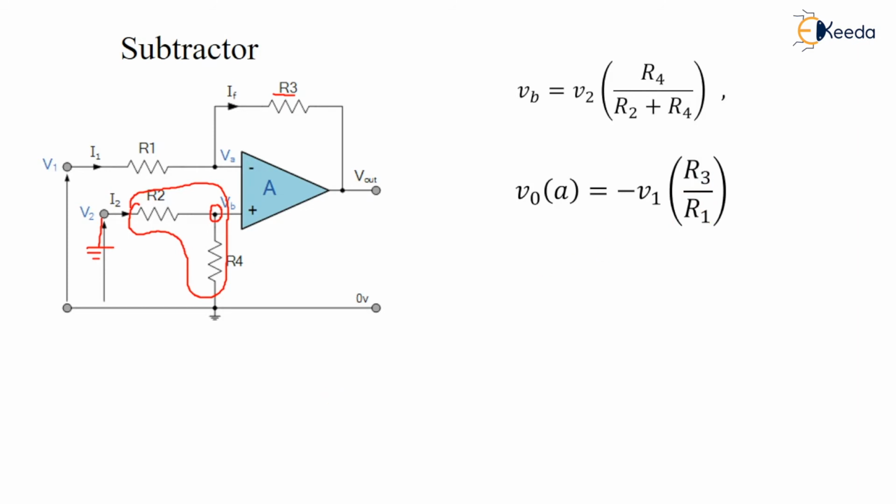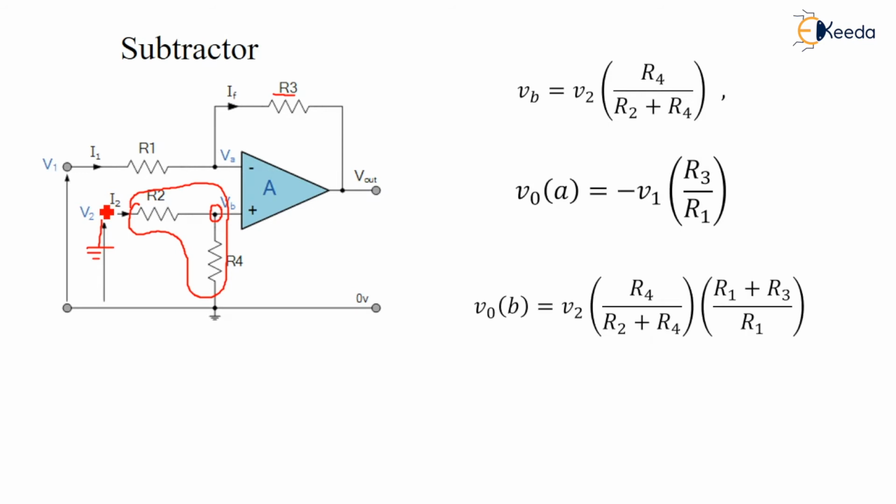Now in the second case, we'll ground this V1. In this case, what will happen?